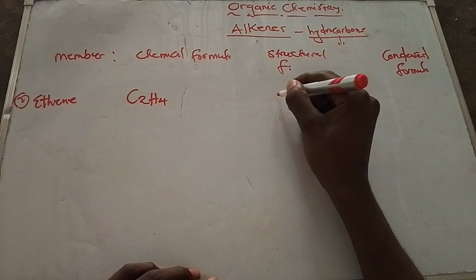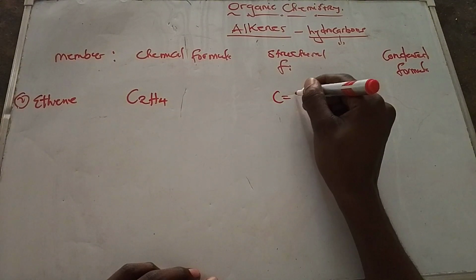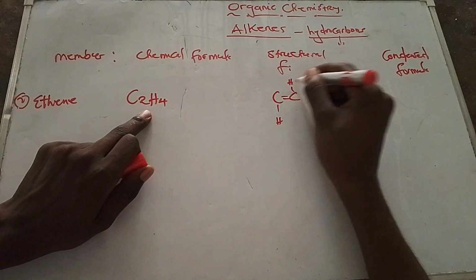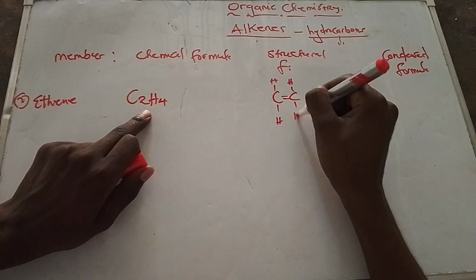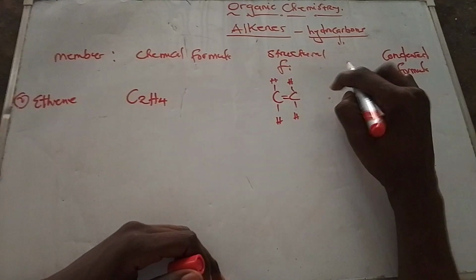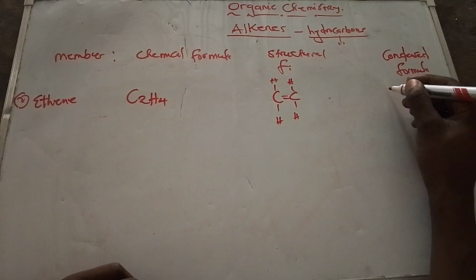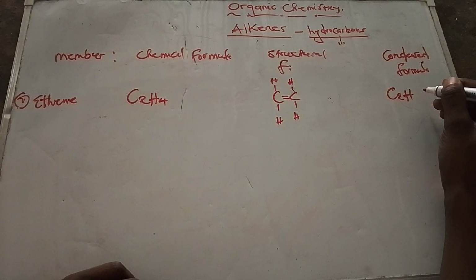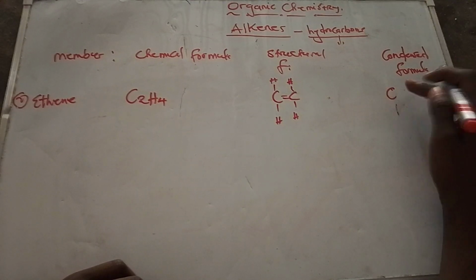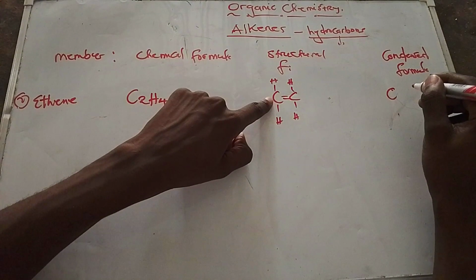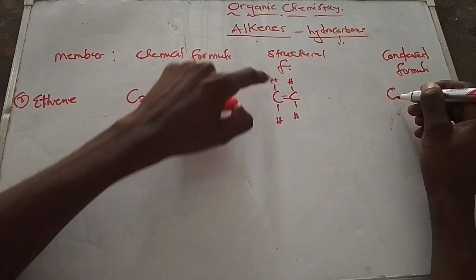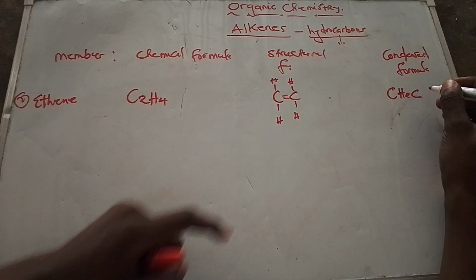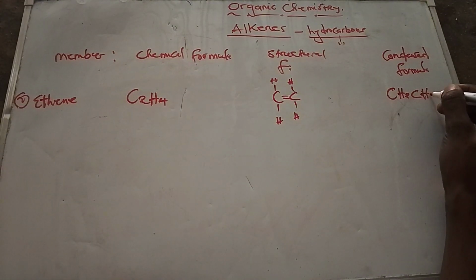The structural formula will be C double bond C because of 2 carbons, then we introduce our 4 hydrogens. The condensed formula will be the same because we are just on the second carbon. This C contains 2 hydrogens, so I put CH2, then this C also contains 2 hydrogens, so CH2.